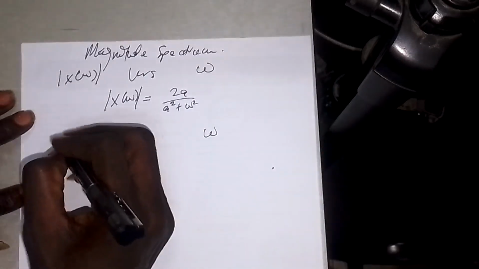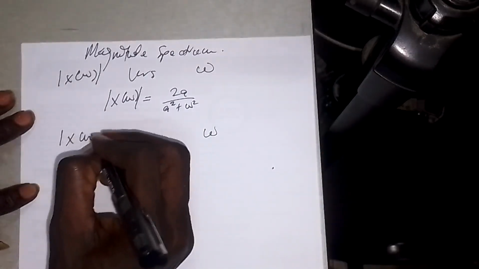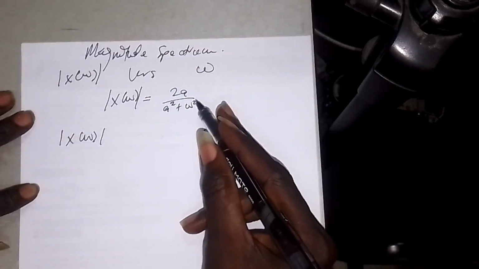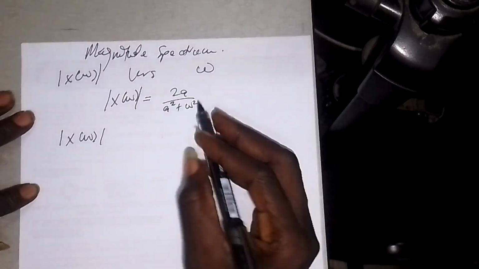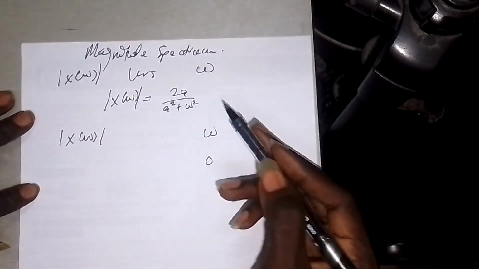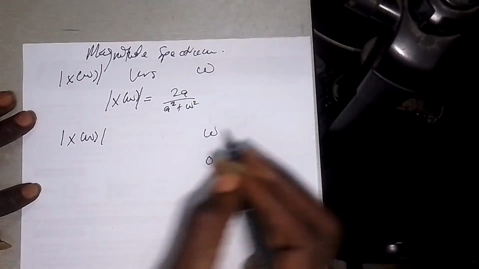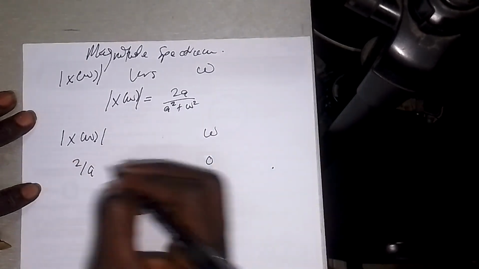Now let's say omega is 0. If omega is 0, then 2a over a squared, what will you get? You get 2 on a.